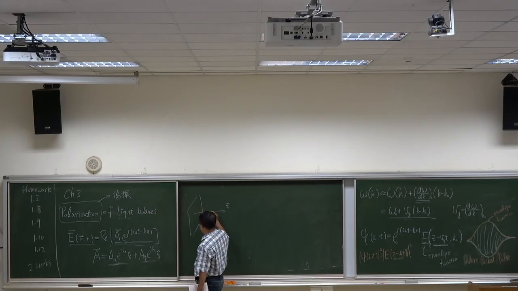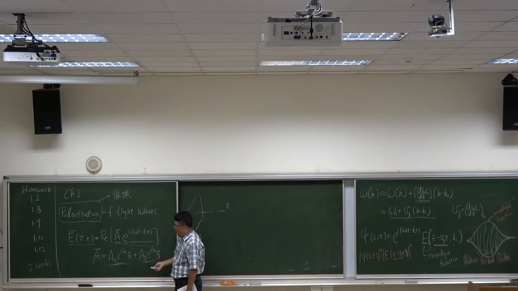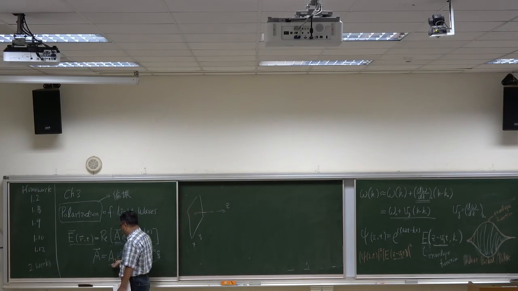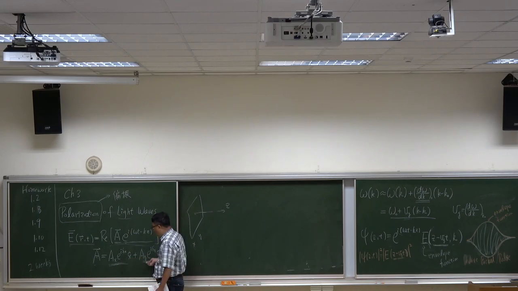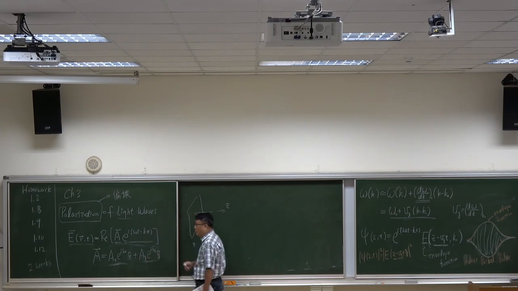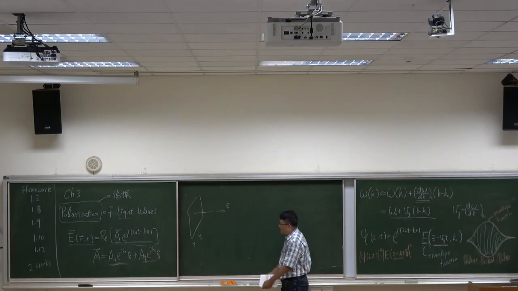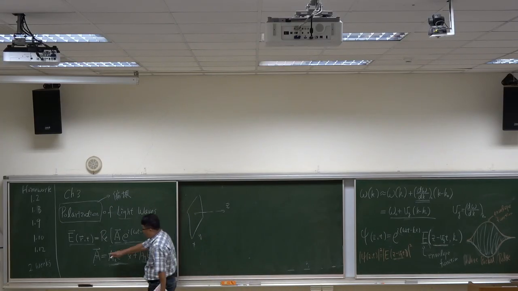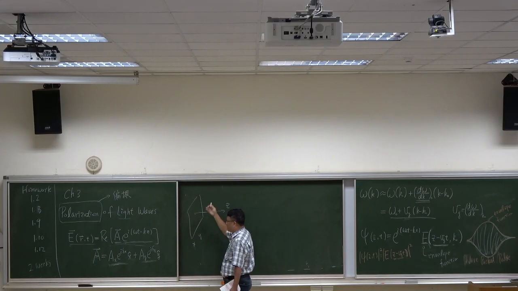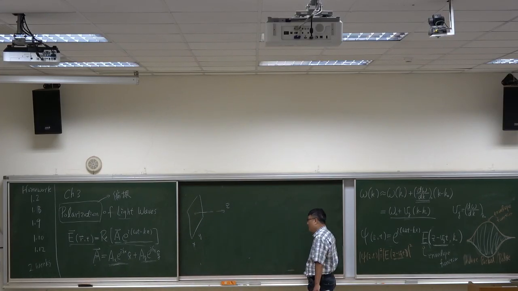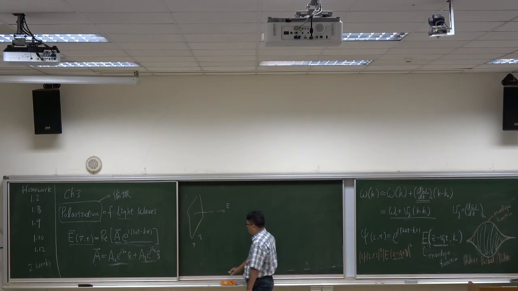The vibrating plane of the E field is on the xy plane. That's why we write the A vector as the summation of two components, the x component and the y component, because the polarization is on this xy plane.